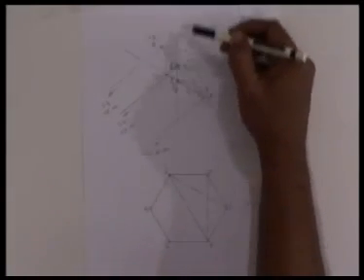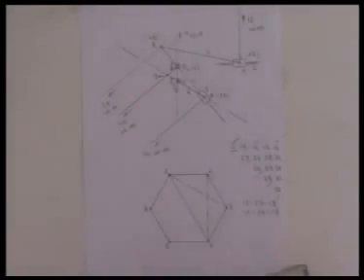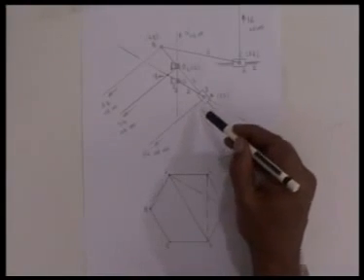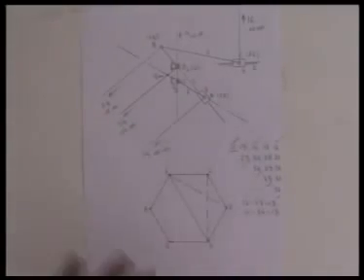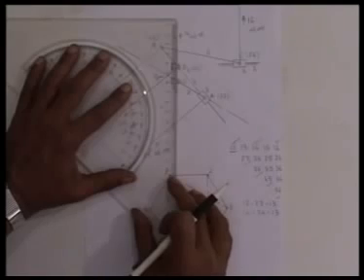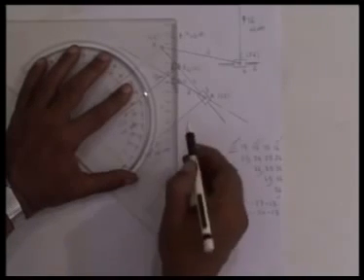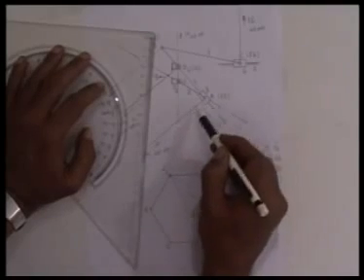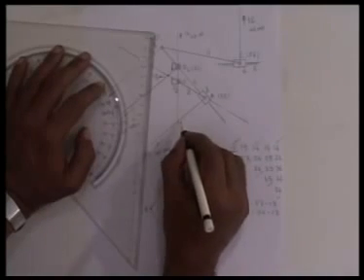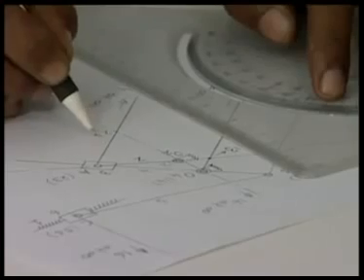So 2 4 must lie on this line. And 2 3 is here, 3 4 is here. So it must lie on that line. That means the intersection of this vertical line which contains 1 2 and 1 4, and this line which contains 2 3 and 3 4 determines the relative instantaneous center 2 4.